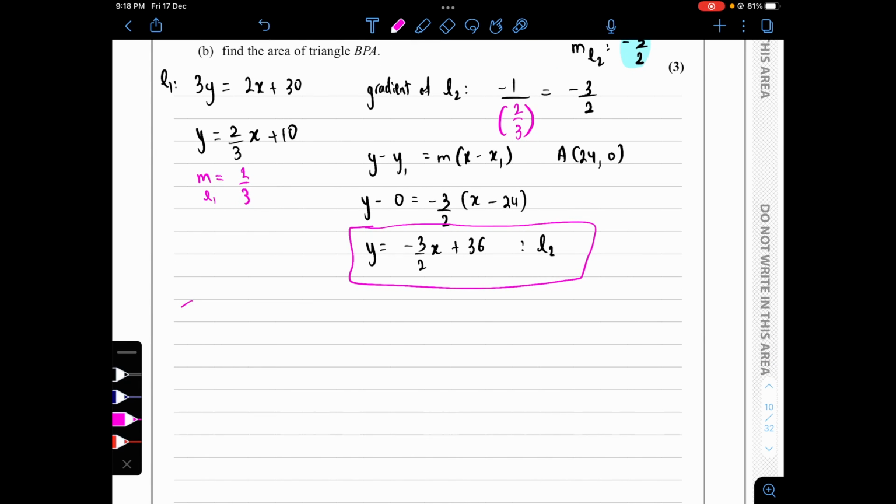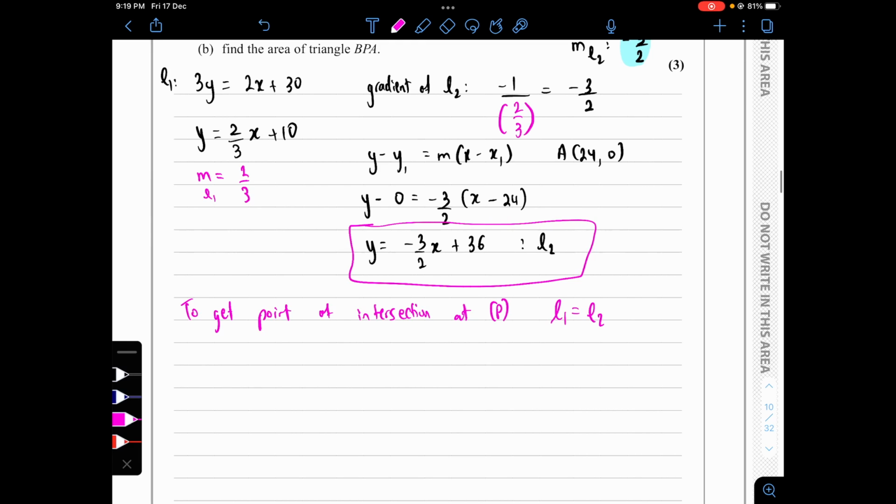So now we equate them to get the point of intersection. Obviously at P, we have L1 equals L2. We already know what L1 is, so that's 2 over 3 x plus 10 equals minus 3 over 2 x plus 36, right?